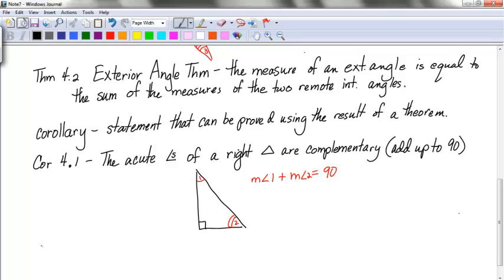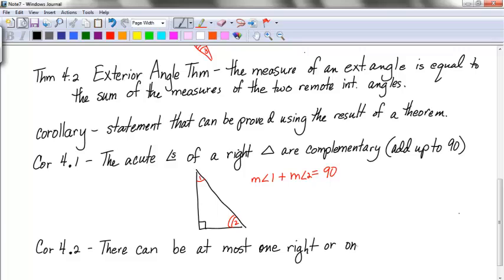The other one is corollary 4.2, and it just says there can be at most one right or one obtuse angle in a triangle.